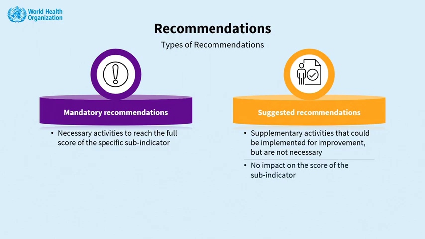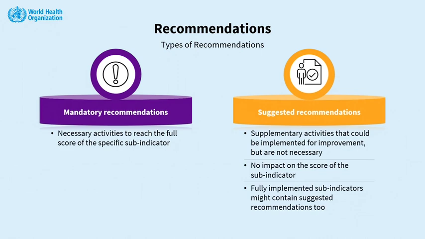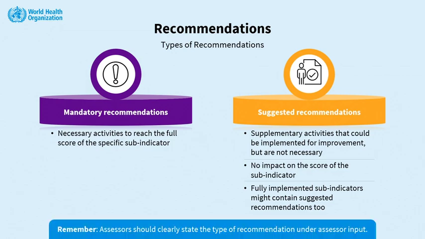They do not impact the score of the sub-indicator. It's worth noting that fully implemented sub-indicators may contain suggested recommendations, which can contribute to continuous improvement efforts. It is advisable to clearly specify the type of recommendation under the assessor input.